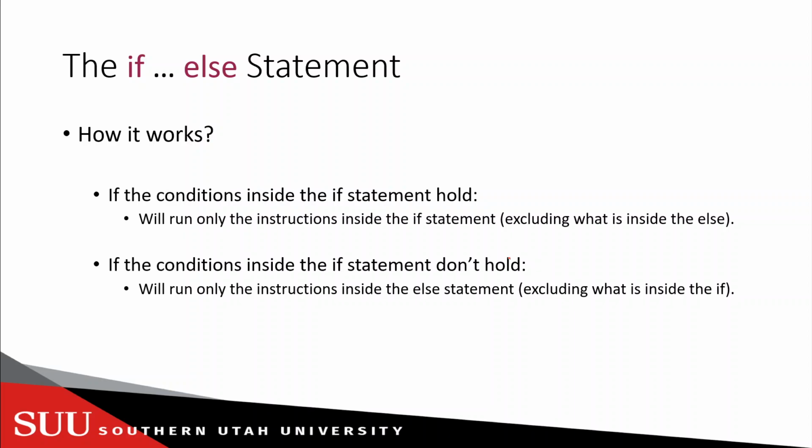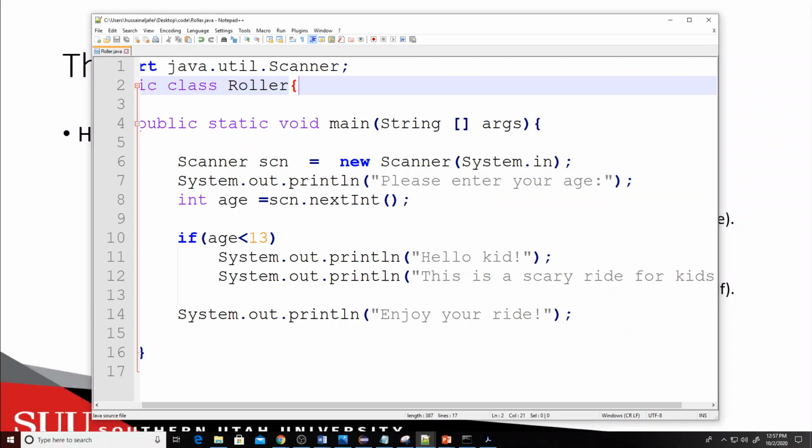So let's go back and try to model this on something like our roller coaster again. So I'll say if the age is, in this case, let's say if the age is larger than 10, I'll say hello, and I will just copy this enjoy your ride, and I can just surround it here.